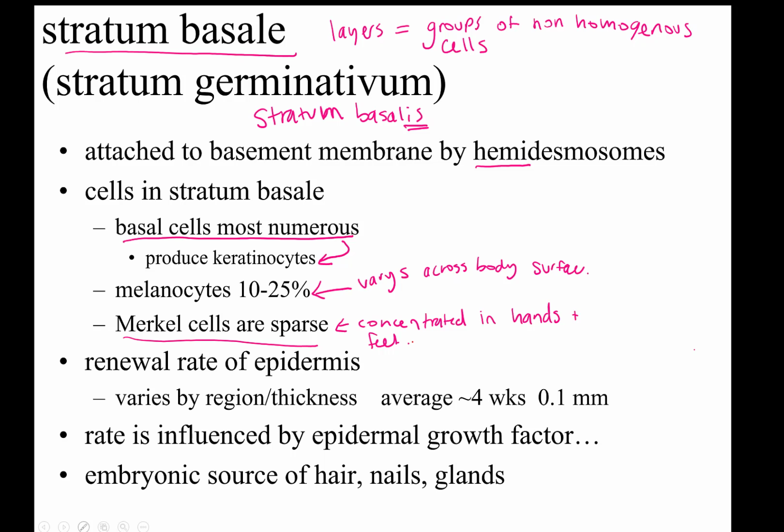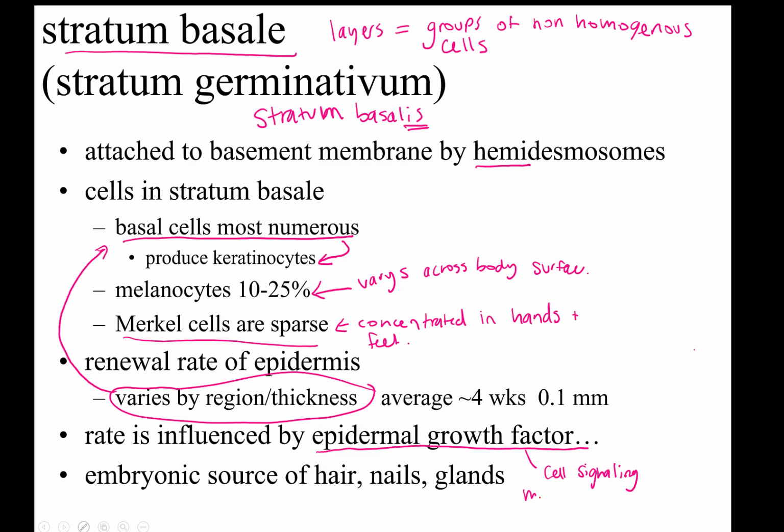The renewal rate of the epidermis varies by region and by thickness, and the renewal rate really varies by activity of the basal cells, so how fast or slow they are reproducing. They do that by responding to epidermal growth factor, which is a cell signaling molecule.